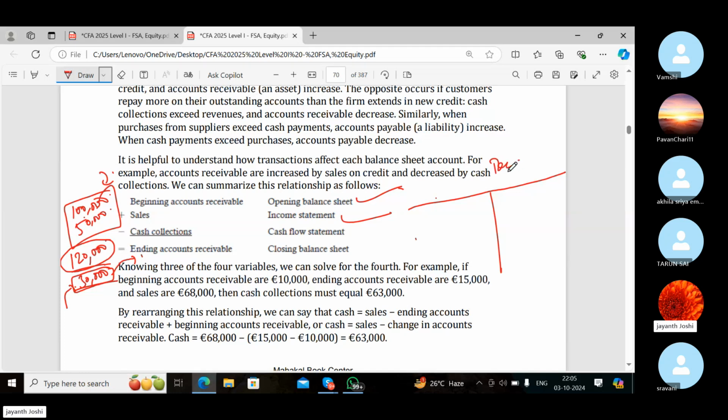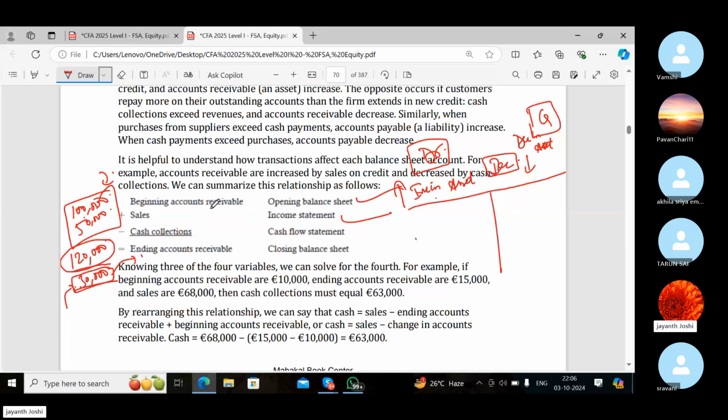When I make a receivables account, receivables are our assets. If I write anything in the debit, it shows increase in asset. Increase in asset is always debit. These are the terminologies you should be knowing. Decrease in asset is credit. So when asset increases, debit. When asset decreases, credit.